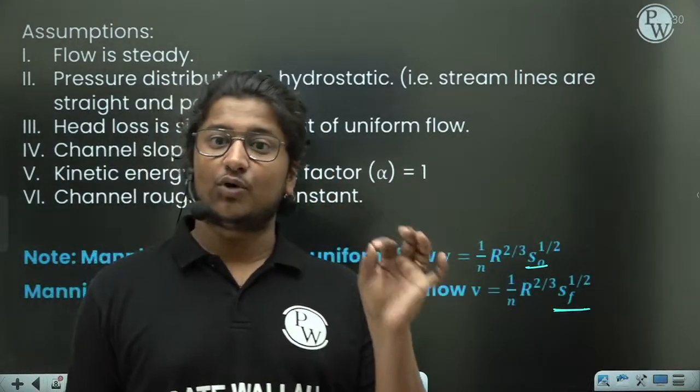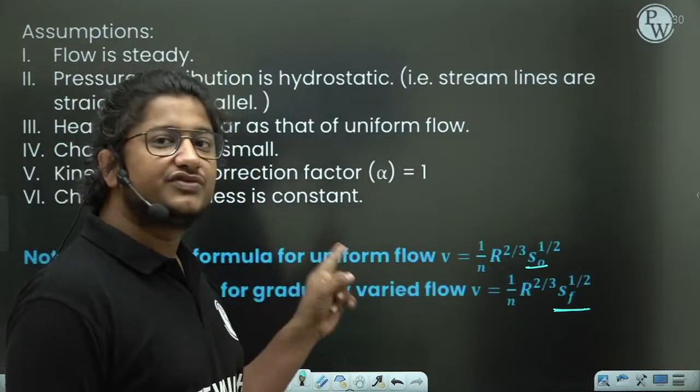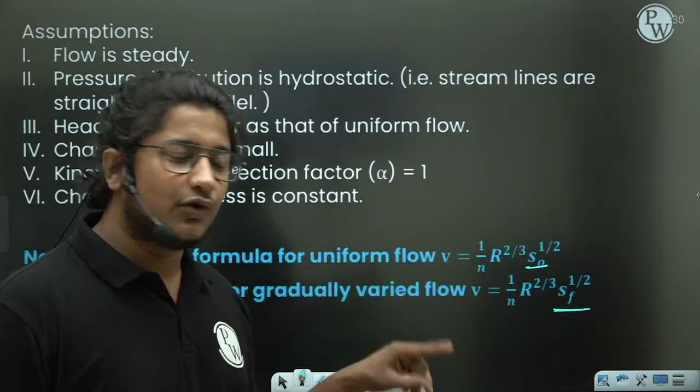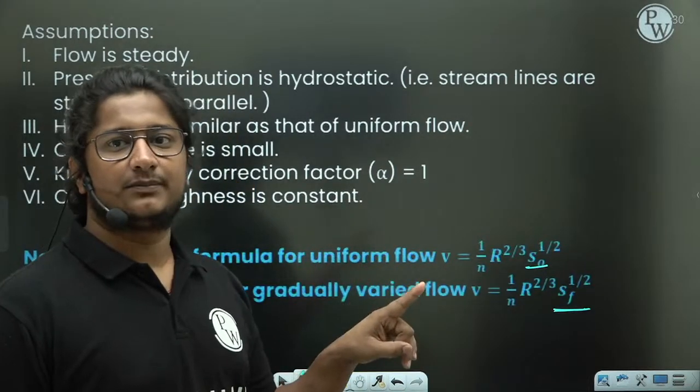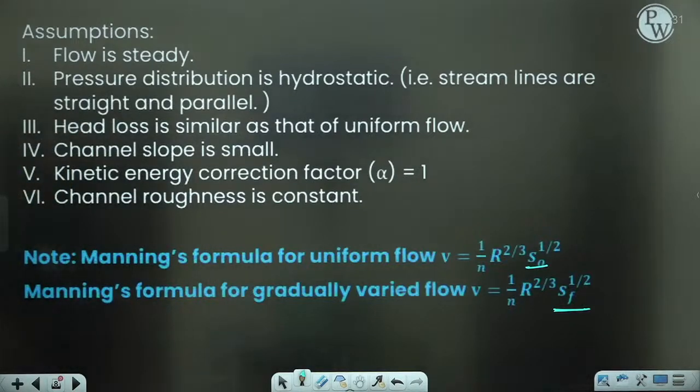There is a very small and very important difference which you need to understand, that when you are using Manning's equation in a non-uniform flow, that S will be the SF. Clear? Kindly note it down.